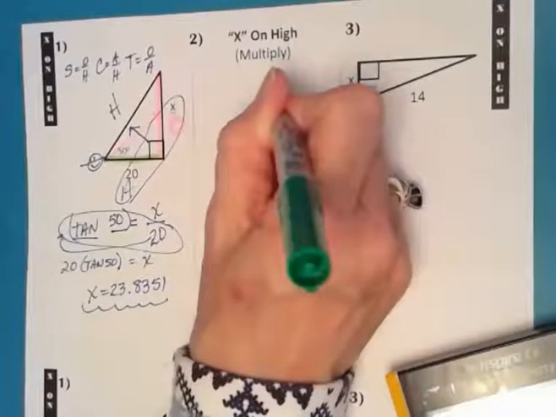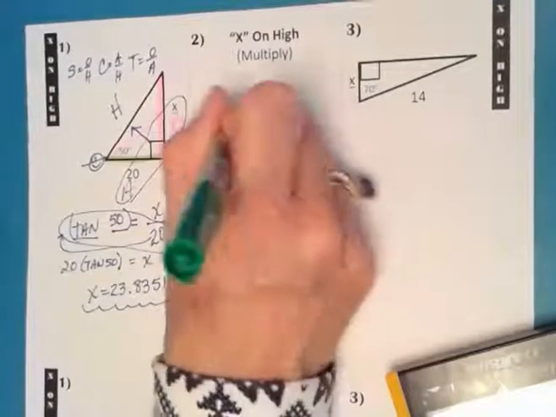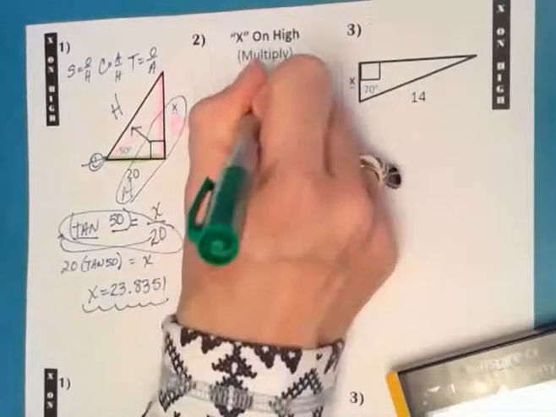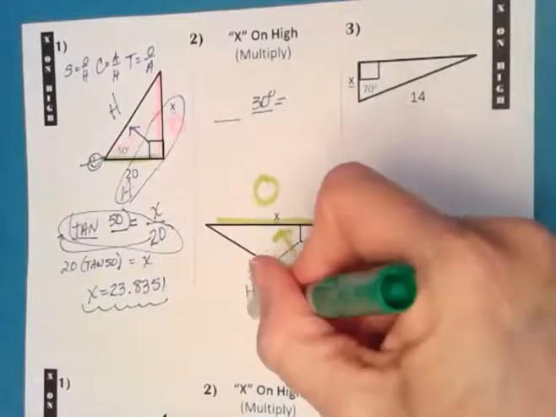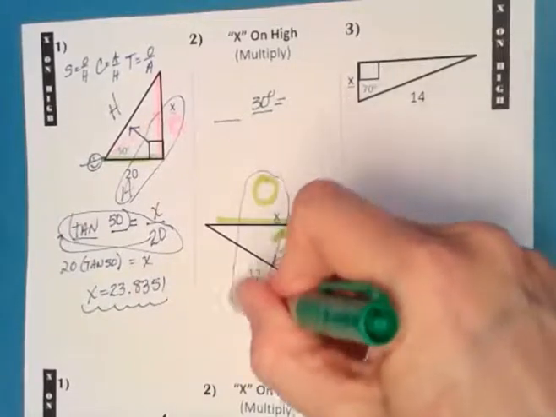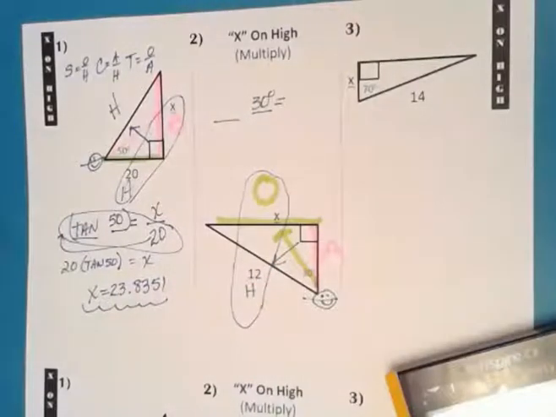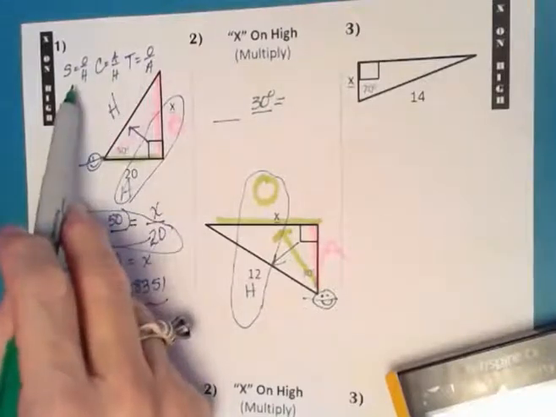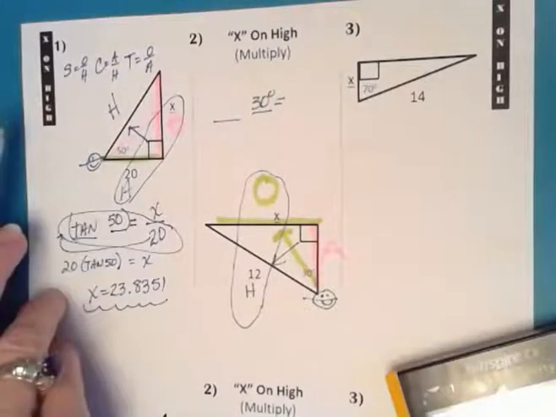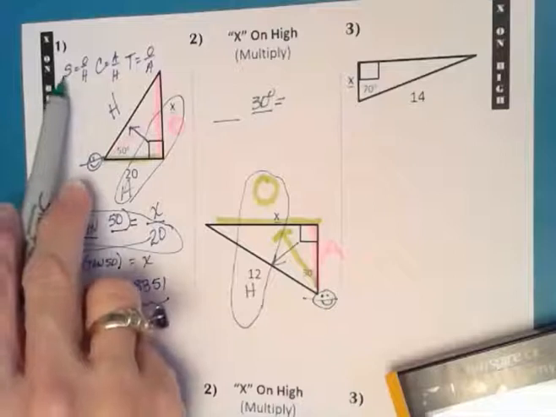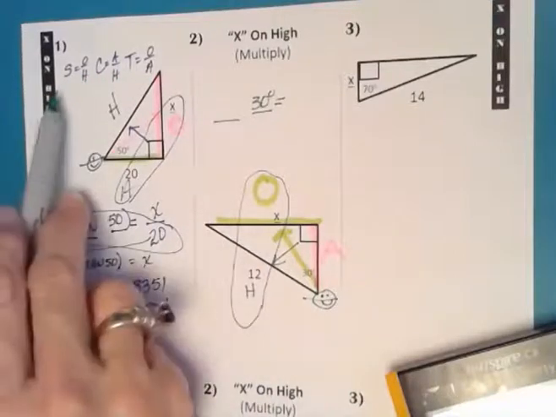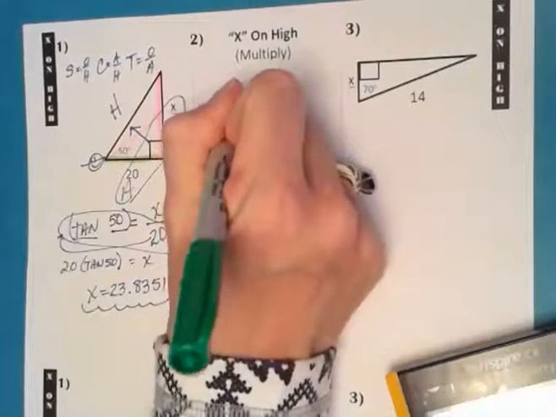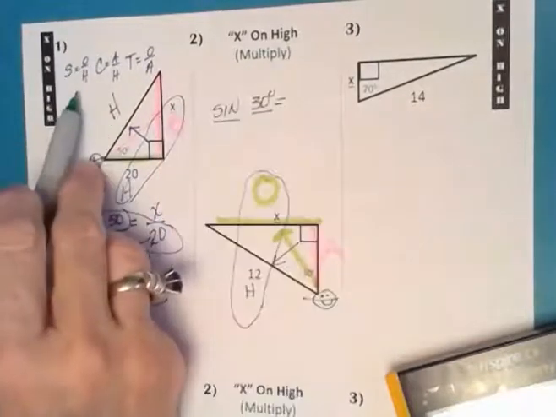For this problem, when I put down my equal sign, put in my degrees next to the left, I have the length of the hypotenuse, and I need the length of the opposite. Come back up here and look at our setups. The only one out of sine, cosine, and tangent that uses O and H is sine. And sine is always opposite over hypotenuse.